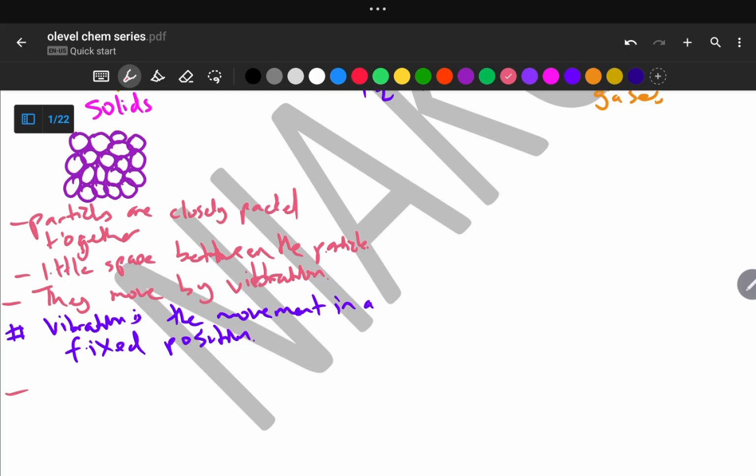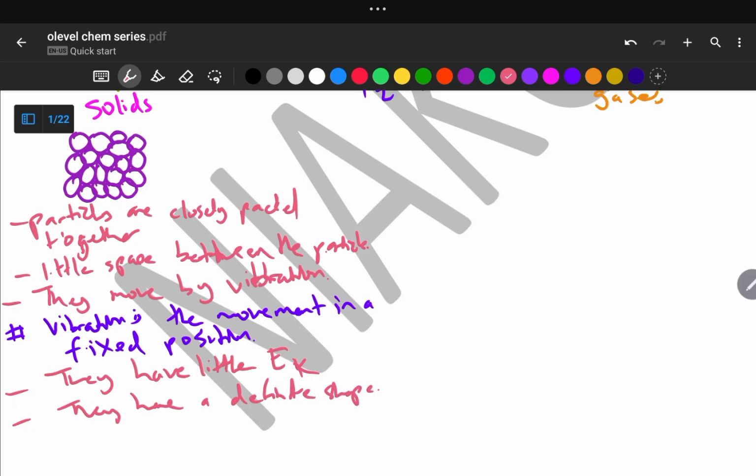And then the other properties of the solid phase are that they have kinetic energy, the moving energy. Also the solid has a definite shape and a definite volume.